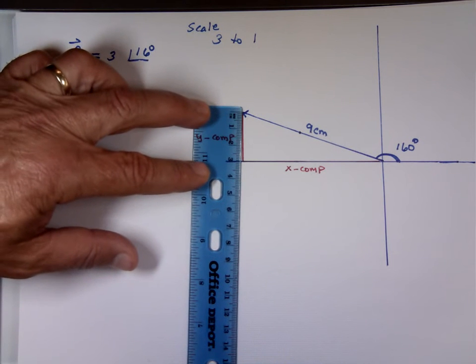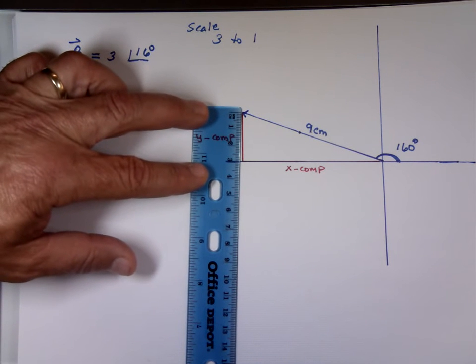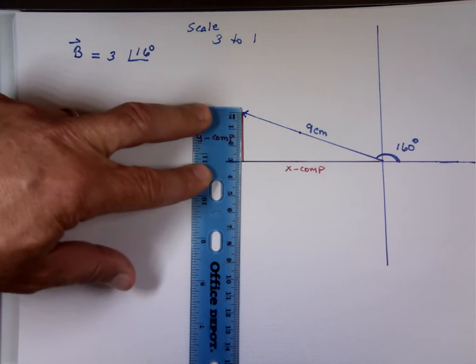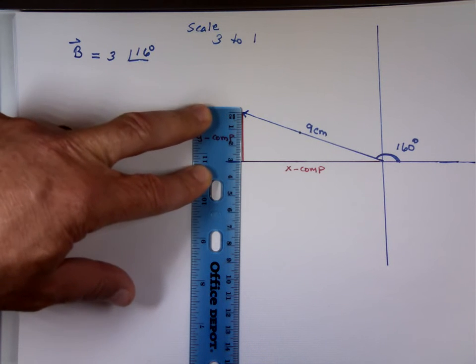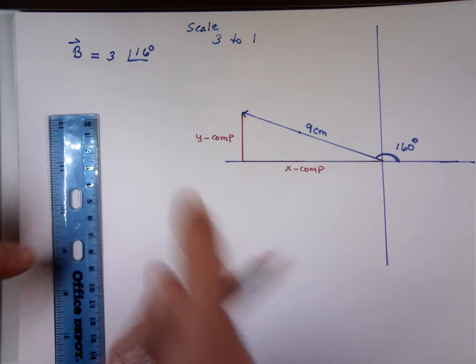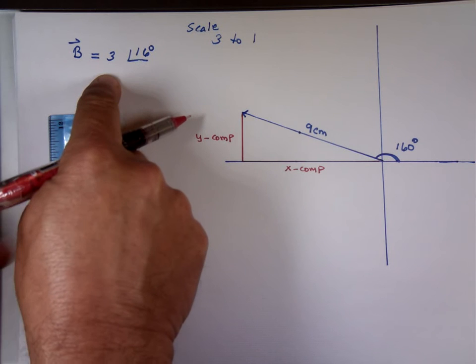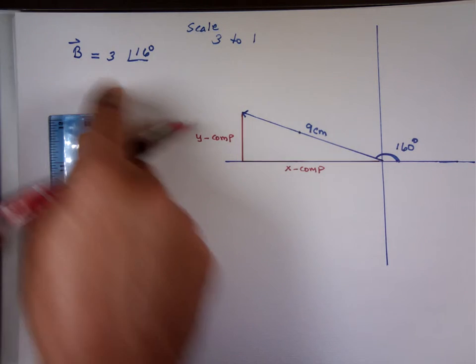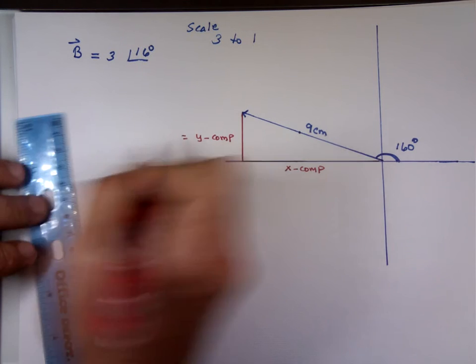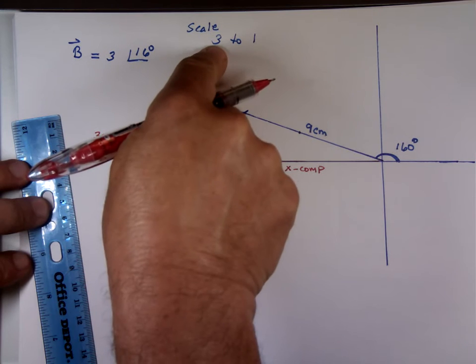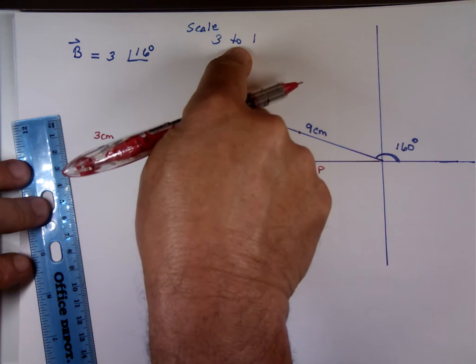The length of my y component, I got 3. What did you get? Is it 2.9, 3, 3.1? So that's 3 centimeters. That's not the value 3. Remember what my scale is. My scale is 3 centimeters equal to 1 unit.